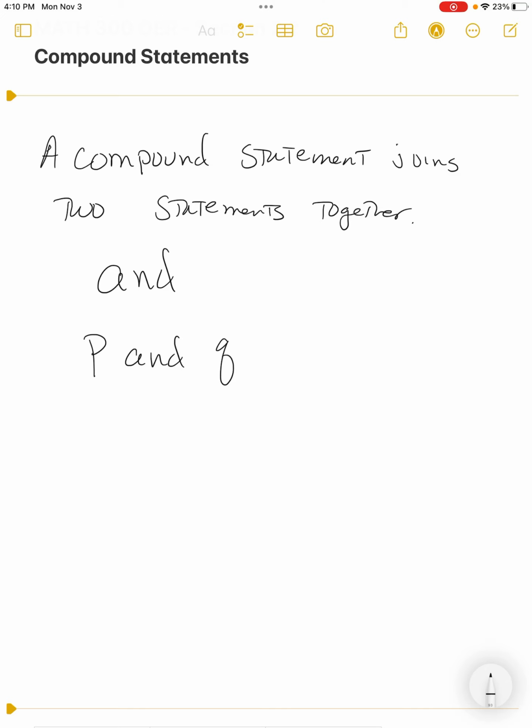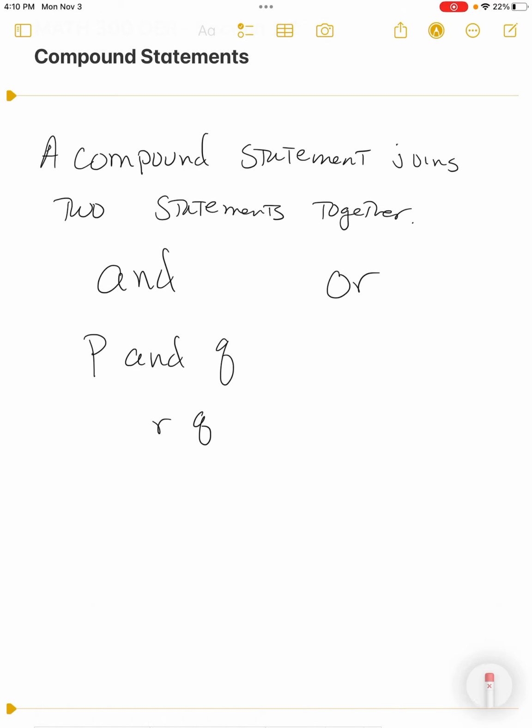Those are usually joined with the word and. So P and Q, right? Those two statements together. Maybe P is I woke up this morning, and Q is I ate breakfast. And so P and Q would be I woke up this morning and I ate breakfast. P or Q is also used.